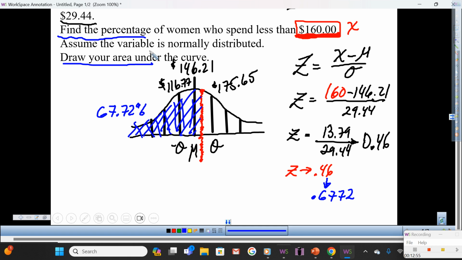So let's answer the question. It says, find the percent of women who spend less than $160 over the summer. Be a little bit more direct about that.